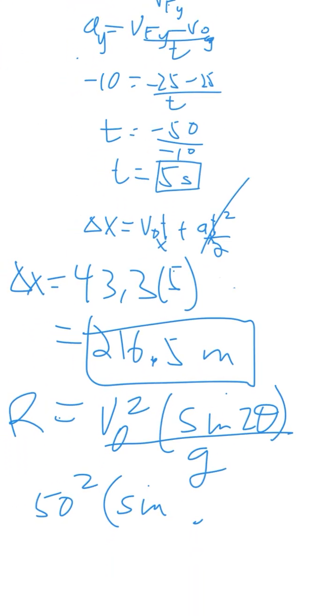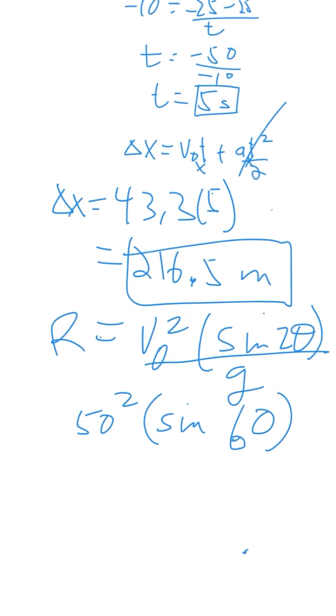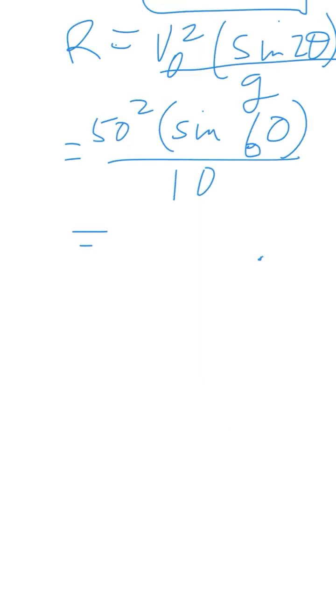So 2 times 30 is 60. So the sine of 60. 2 times theta, 2 times 30 is 60, over 10. So let's see if that works on your calculator. And you get exactly the same answer.